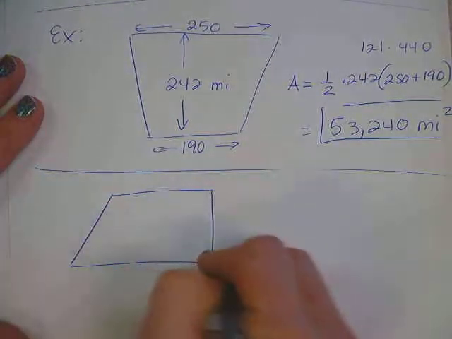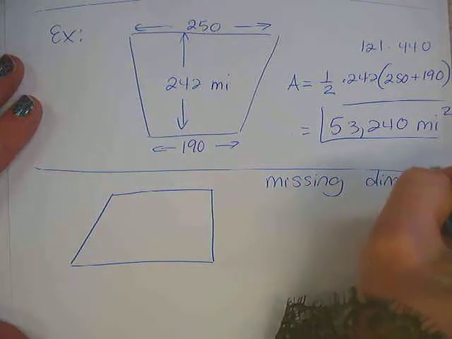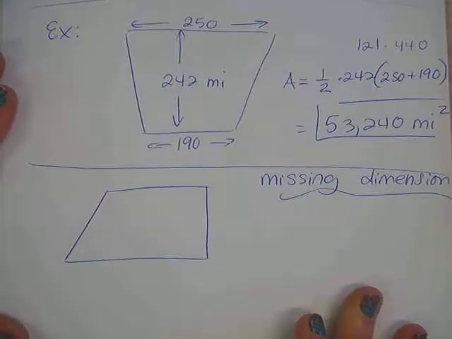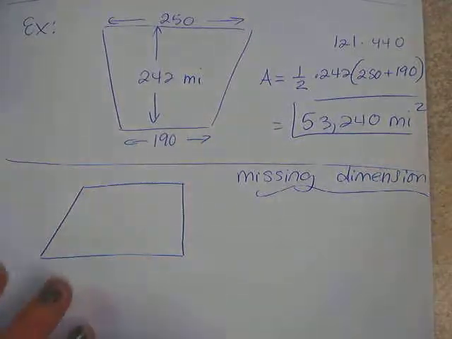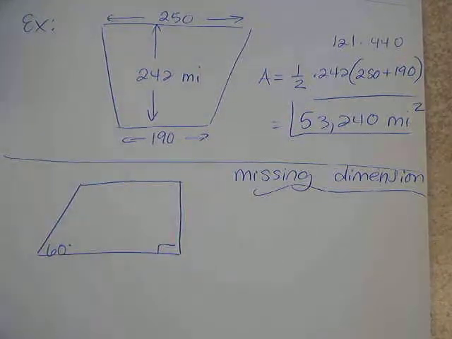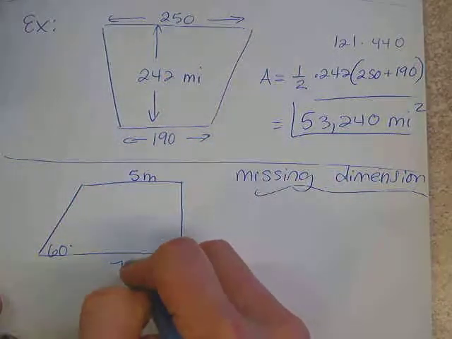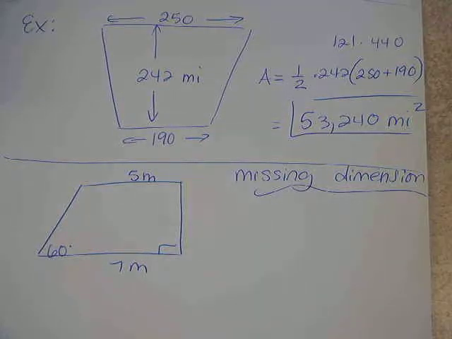Now, here's where the special right triangle ratios come in. I think I said with the other section, if you're missing a dimension, in the last chapter we gave you the tools to find the missing dimensions. The key was using a triangle.